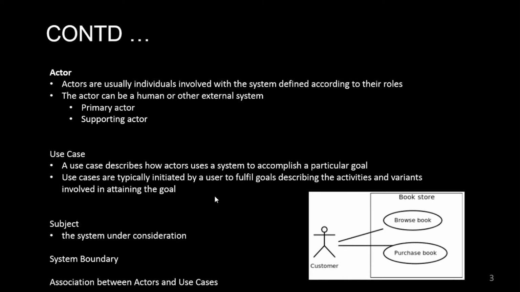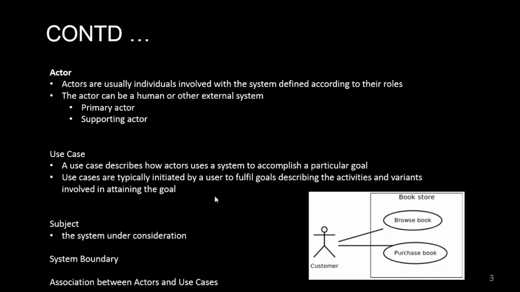So basically they are individuals involved with that system, and they have some particular roles. For example, the customer who is going to withdraw some cash from the ATM is a human actor for that system.